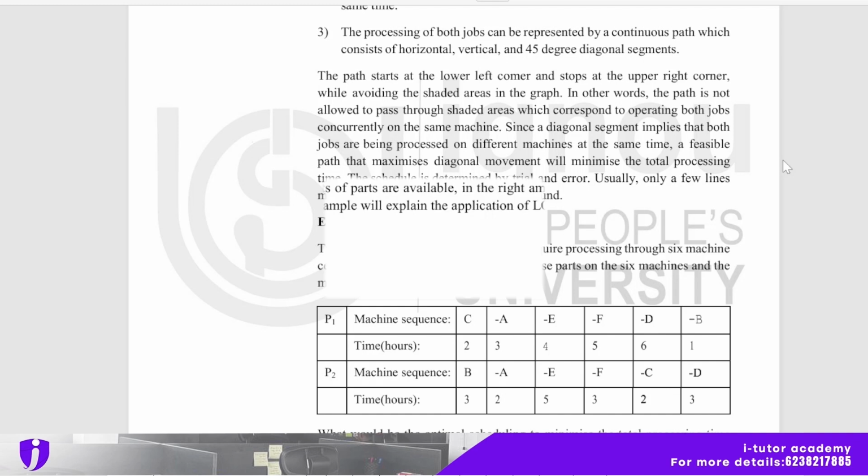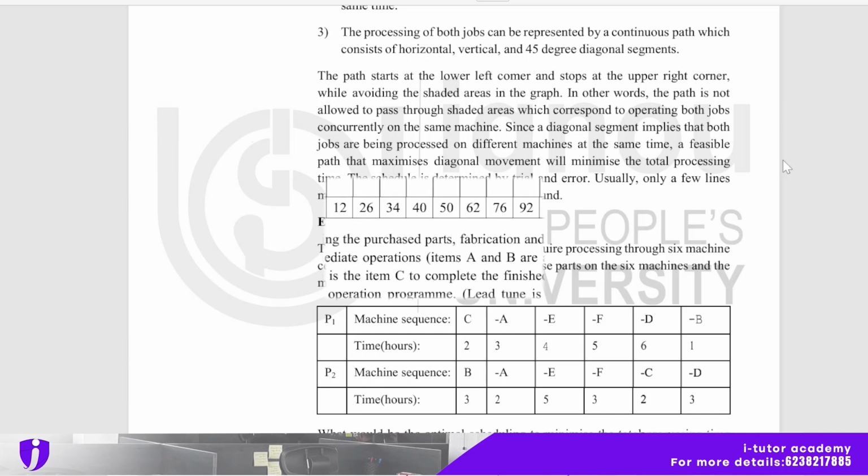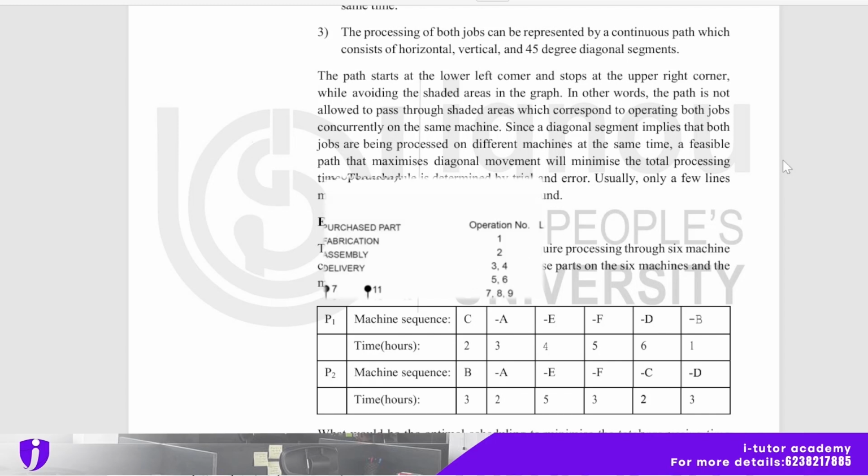In other words, the path is not allowed to pass through the shaded area, which corresponds to operating both jobs concurrently on the same machine, since a diagonal segment implies that both jobs are being processed on different machines at the same time. A feasible path that maximizes diagonal movement will minimize the total processing time.